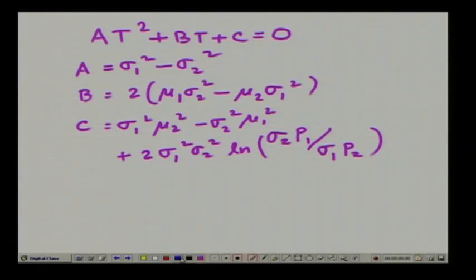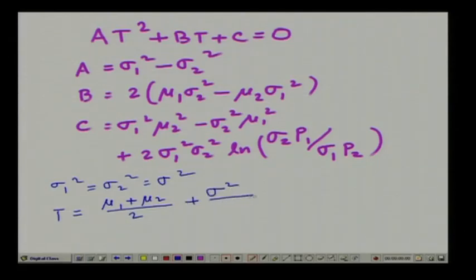And here, if we assume that sigma 1 square is equal to sigma 2 square is equal to, say, sigma square, then the threshold T comes out to be T equal to (mu 1 plus mu 2) divided by 2, plus sigma square upon (mu 1 minus mu 2) ln(P2 divided by P1).